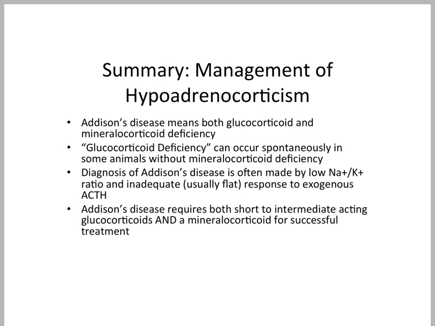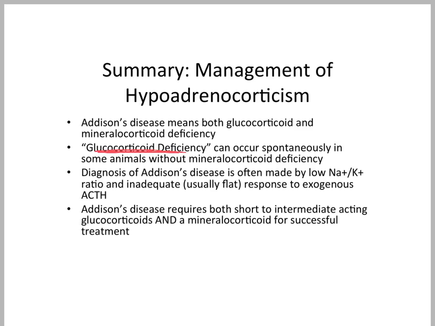So in summary, management of hypoadrenocorticism is really about simply replacing, in as physiological a way as we can, both glucocorticoids and mineralocorticoids. We can see, as I mentioned, what's called glucocorticoid deficiency in some animals. It occurs spontaneously without the mineralocorticoid deficiency. We, of course, can cause it iatrogenically by giving glucocorticoids in pharmacological doses and too rapidly removing them.